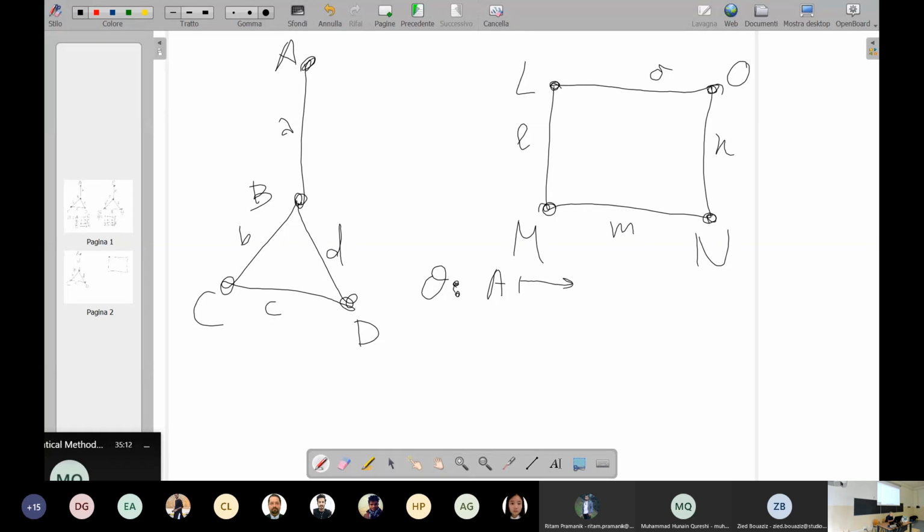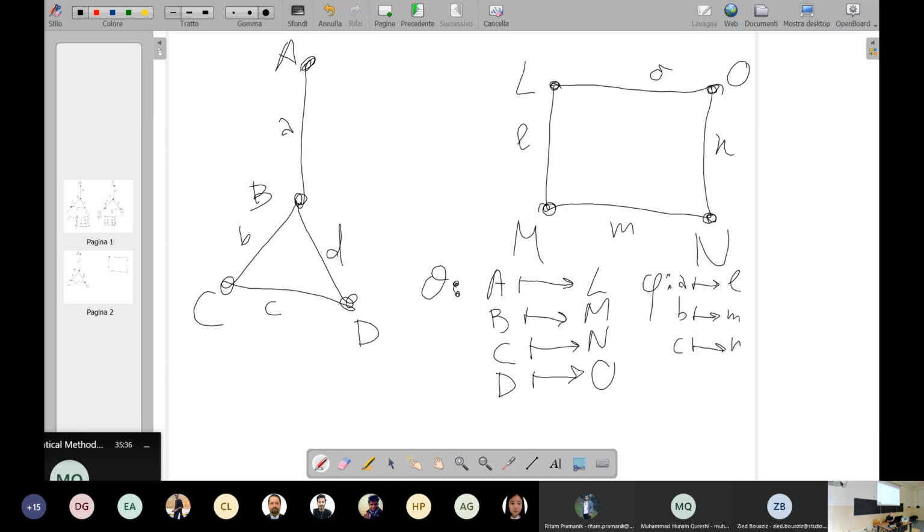For instance, by sending A to L, B to capital M, capital C to capital N, capital D to capital O, and sending small a to small l, small b to small m, small c to small n, and small d to small o. But it's not an isomorphism. Why?